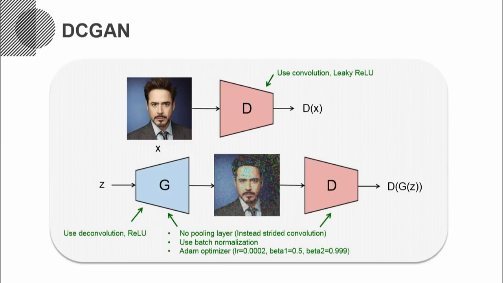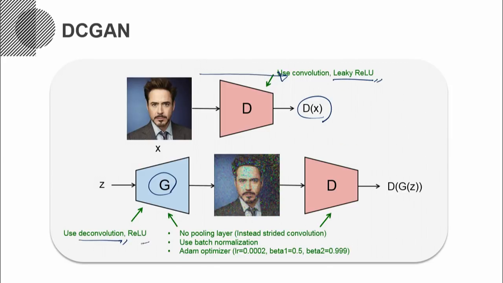Okay, and this is a high level architecture of the DCGAN. For the discriminator, as I briefly mentioned, it can be designed by using just a typical convolutional neural network. But in this case, they particularly used a variant of ReLU called the leaky ReLU as the nonlinear unit. And for the generator part, we use deconvolution, which is the inverse process of convolution.